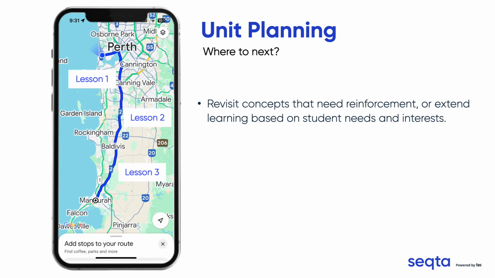And from lesson 2 to lesson 3, I can see kids need to get more interest in the actual topic. So I really need to think about how I'm going to do that. It also gives them opportunity to reflect on students' learning progress and plan their next steps. So where to next happens from lesson to lesson to lesson, as it does from the start to the end of a unit.